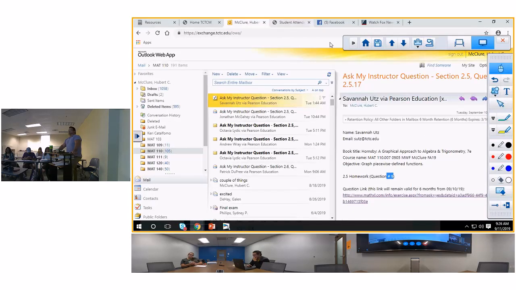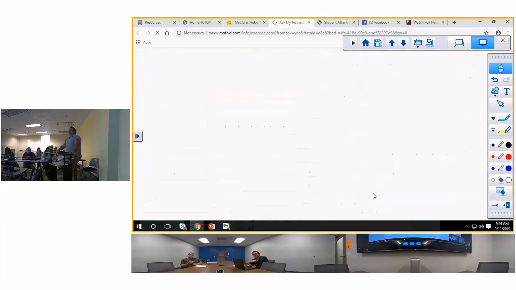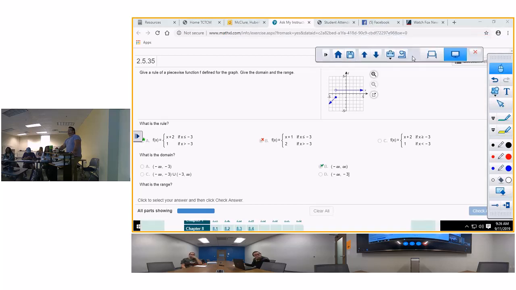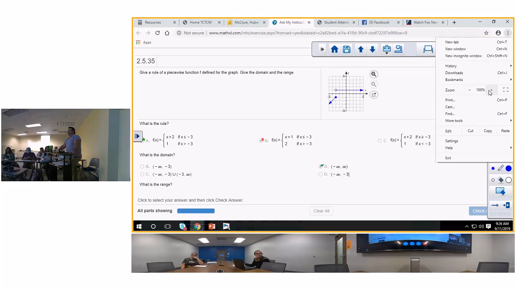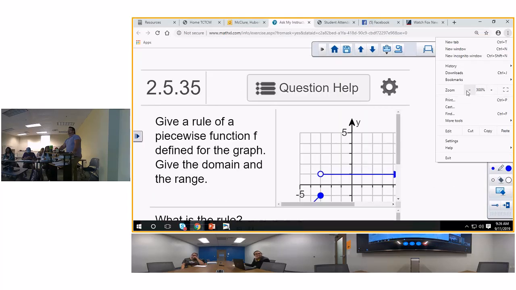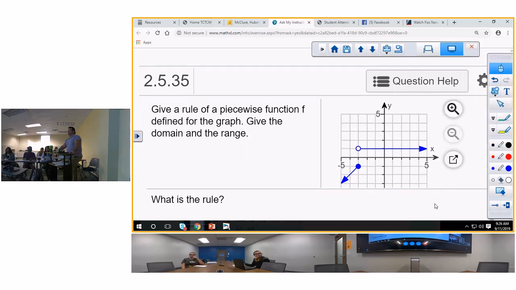Next, number 15. So we're taking a jump. This one is a test question. So I'm going to blow it up and let you look at the sketch. I want you to figure out what the equations are for those 2 functions.